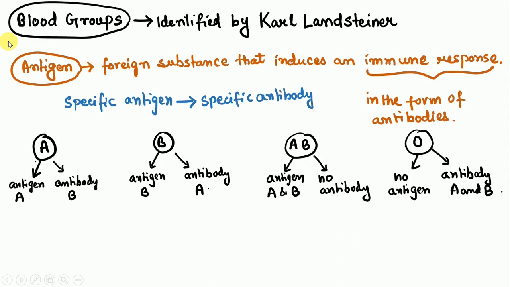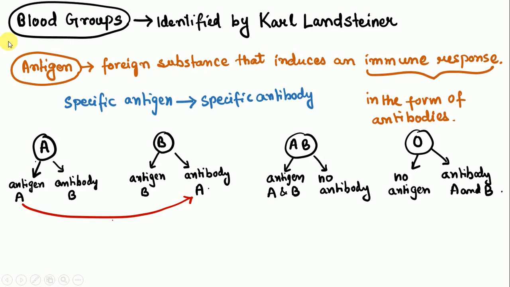Let us consider if the person having blood group A donates blood to blood group B, what will happen? The antigen A will enter into the blood group B where the antibody A is present. So antibody A will react with the antigen A, and this will cause a clumping reaction.